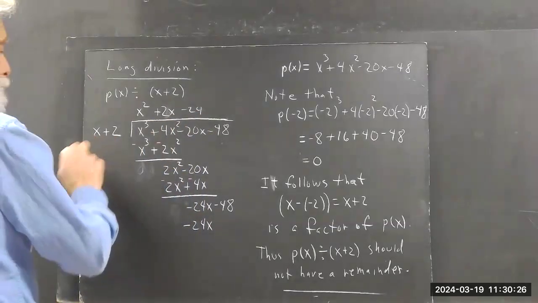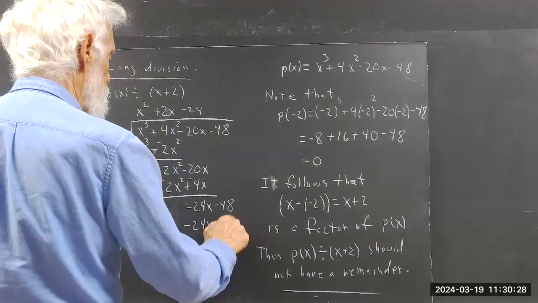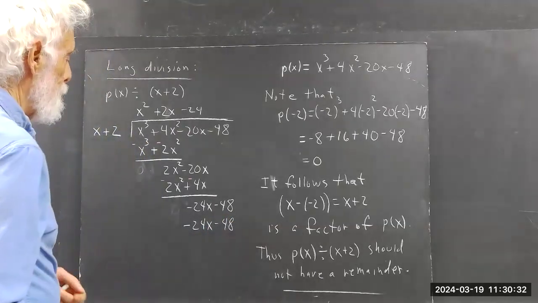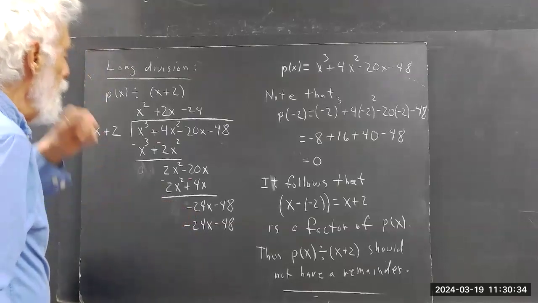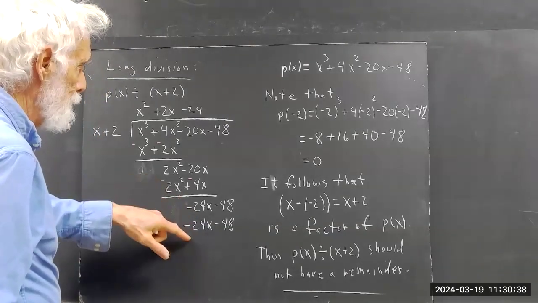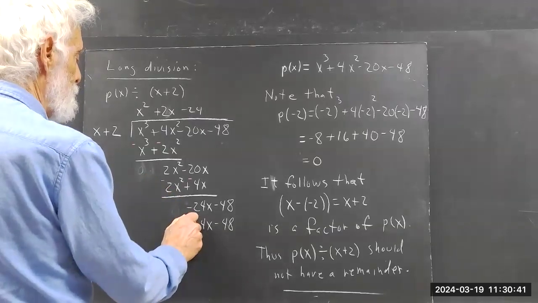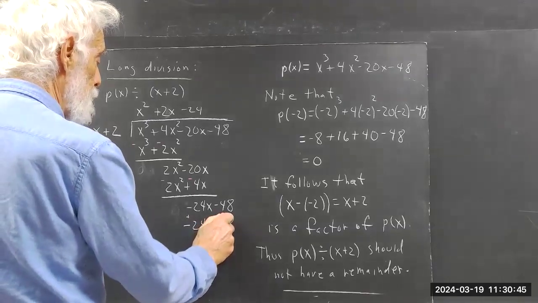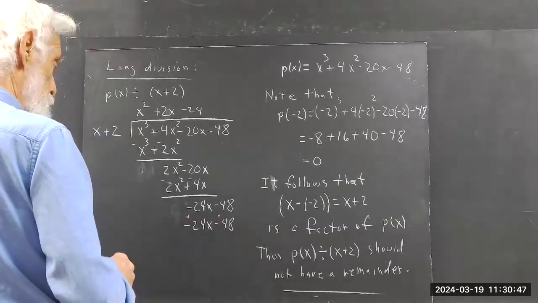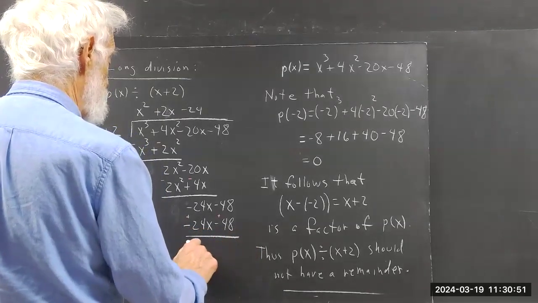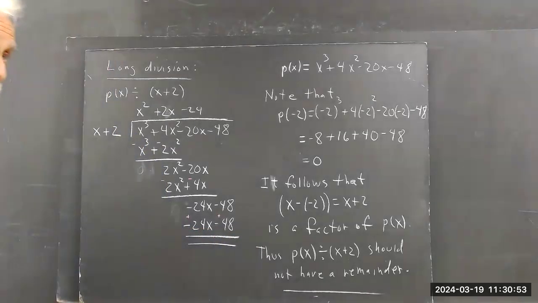Multiply negative 24 by 2, we get minus 48. And we're going to subtract this. But we're subtracting a negative, so actually I'm going to add the 24X to the 24X, and add the 48 to the negative 48. And I'm going to get no remainder.